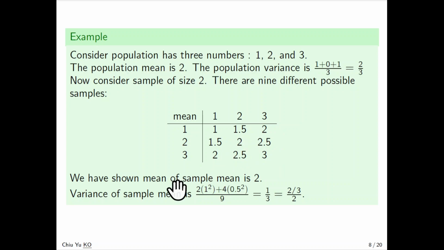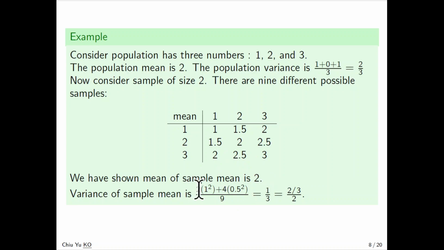So we have shown the mean of this is 2. Actually, you can see you add them all up, divide by 9, it is 2. Now you want to see the variance of this sample mean. Basically, 1 and 3 differ from 2 by 1, so it's 2 times 1 squared. And 1.5 and 2.5 differ from 2 by half, so it's half squared times 4. And 2 minus 2 is 0, so we don't need to do it.